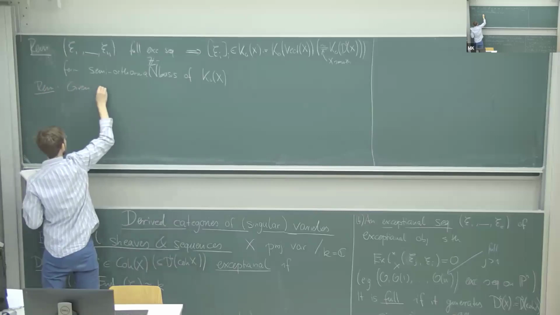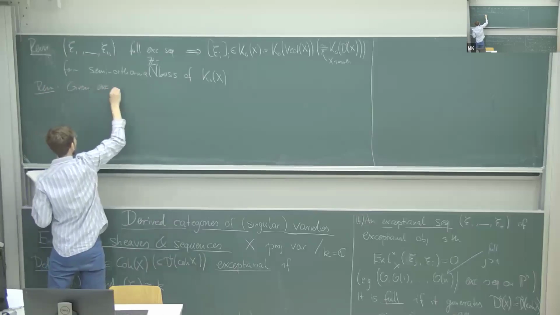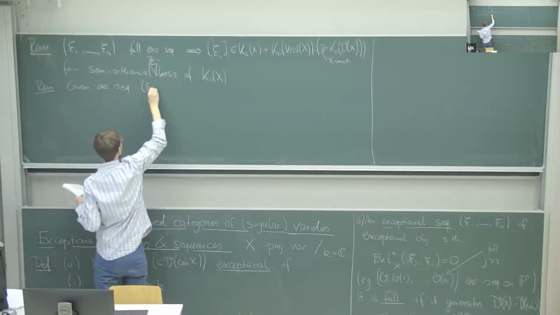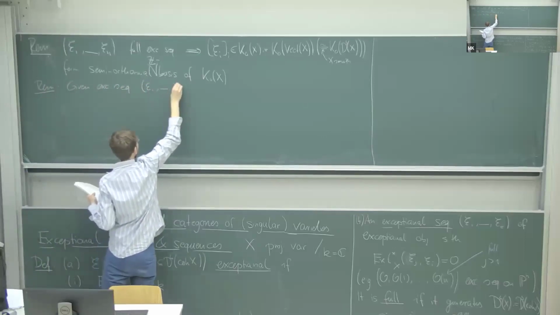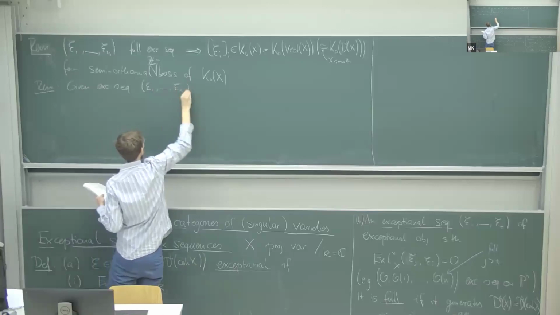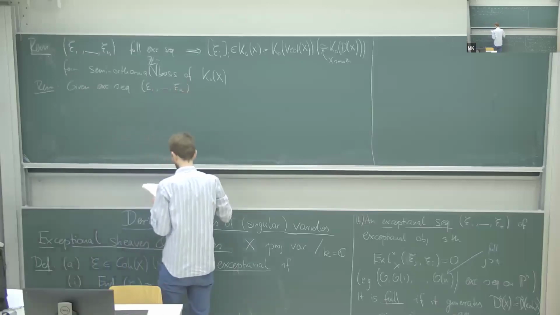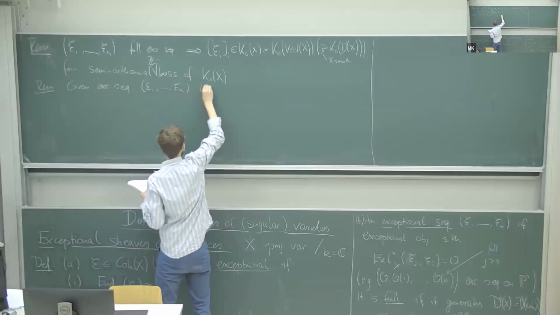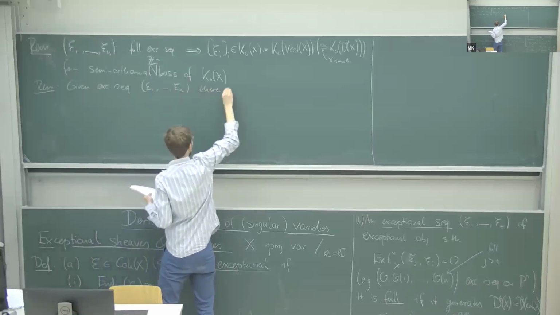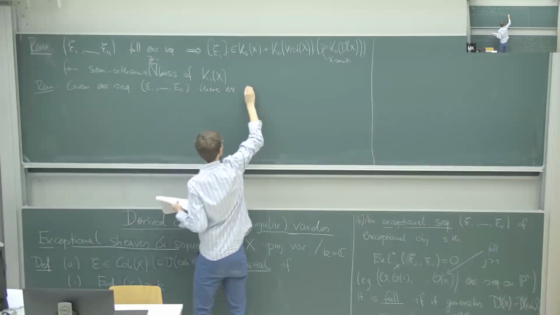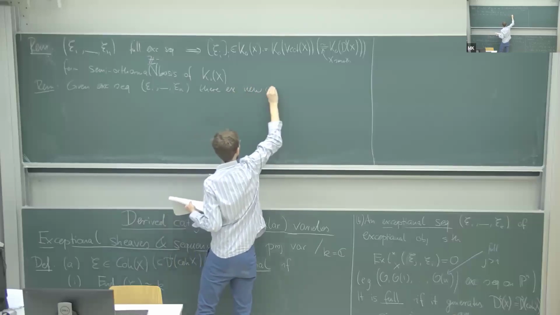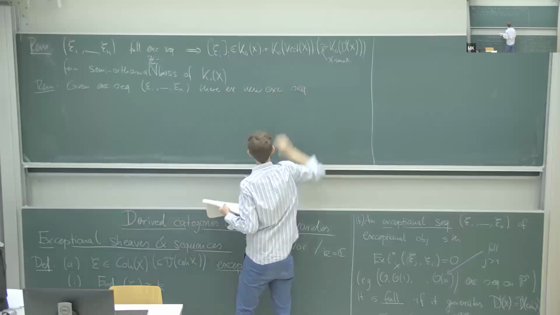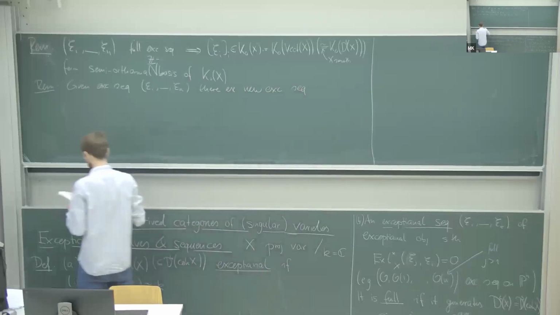Given an exceptional sequence E1 up to En, there exist new exceptional sequences of the following form.